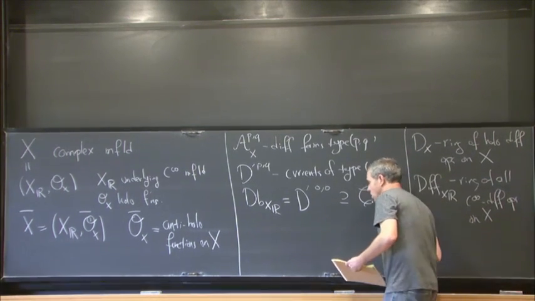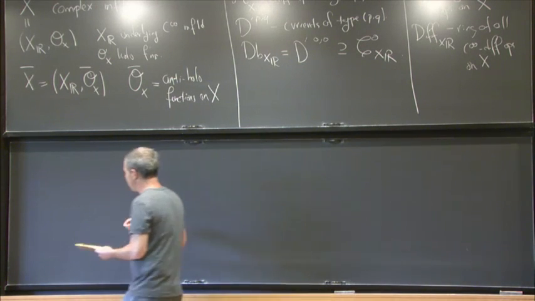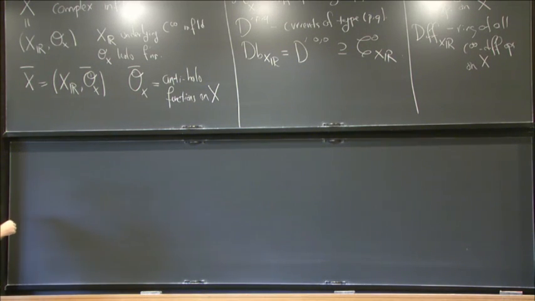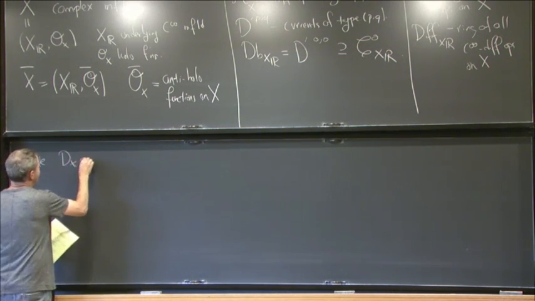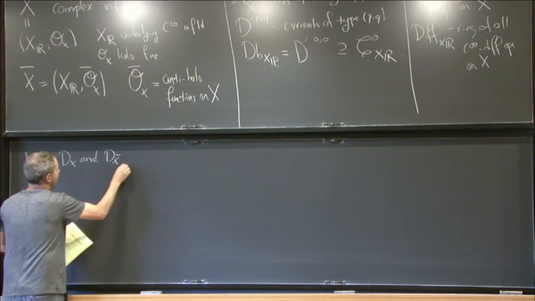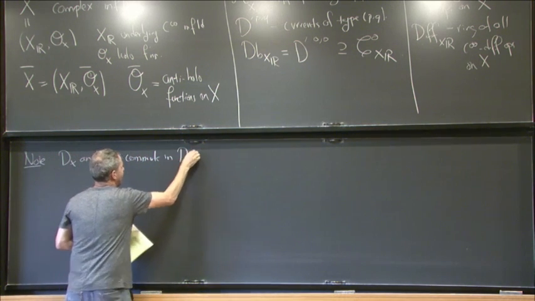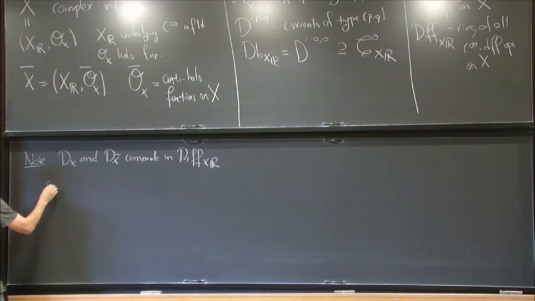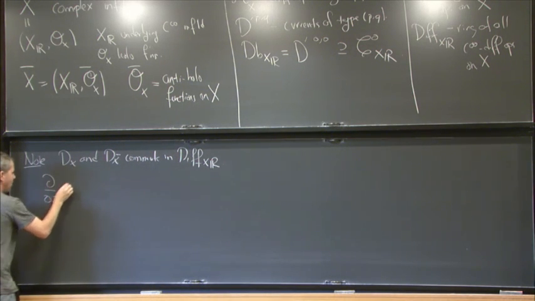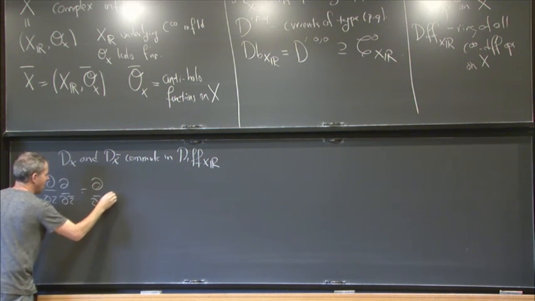The fundamental thing to know, the idea behind this Kashiwara conjugation business, is that D_X and D_X bar commute in Diff_{X_R}, because partial with respect to z, partial with respect to z bar is equal to partial with respect to z bar, partial with respect to z.